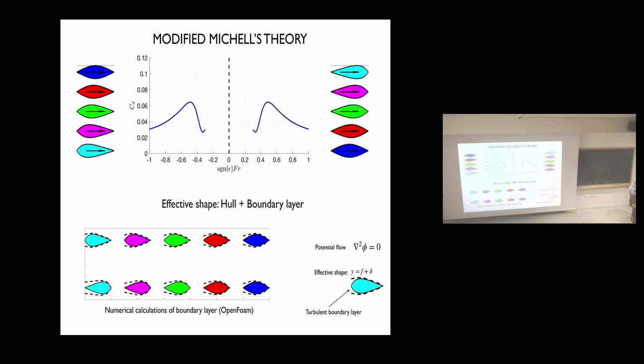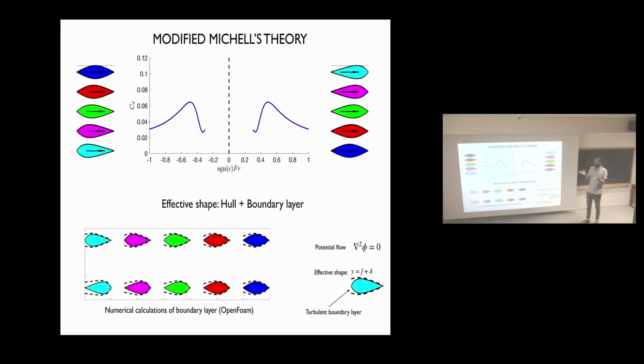So really, what's happening with these shapes is that there's a boundary layer, a turbulent boundary layer. So both viscosity and time dependence are important. You can use numerical simulations, for example, to calculate what that boundary layer looks like. When we were modeling this a few years ago, we thought, well, potential flow theory only really applies up until the region in which viscosity is important.